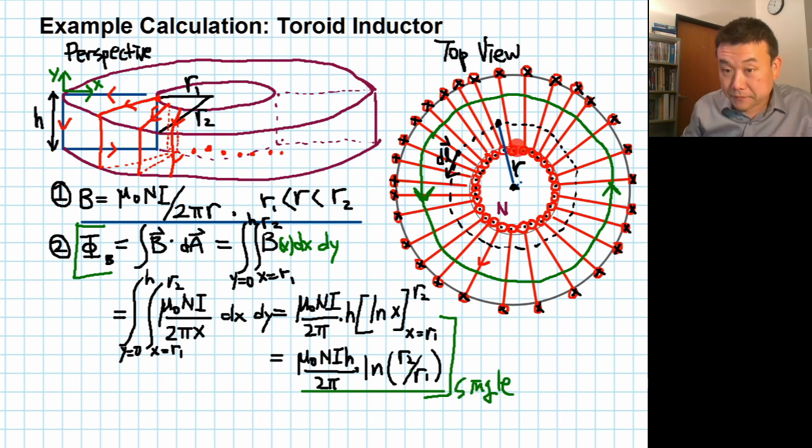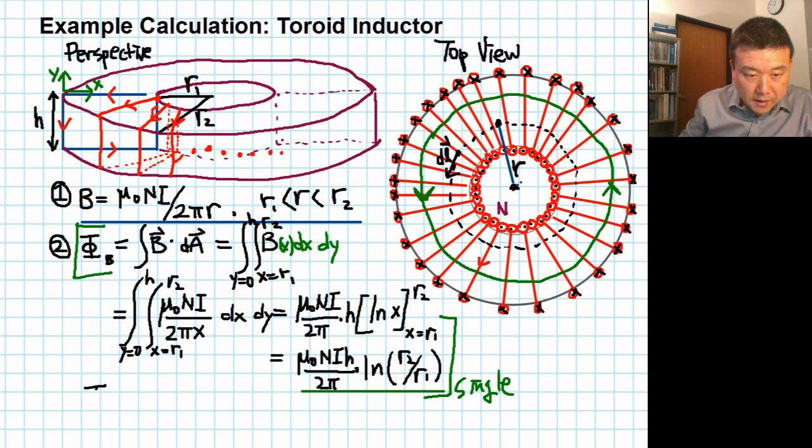This toroid has n loops total. And each time this wire wraps around, there's this much magnetic flux going through the additional loop. So when there's n loops, the total magnetic flux will be this single loop magnetic flux times n.